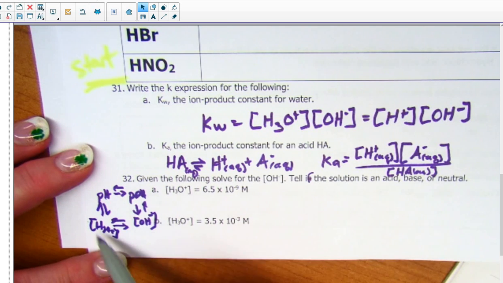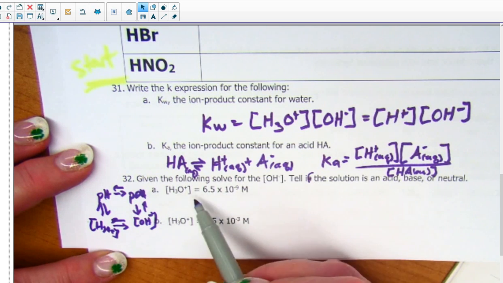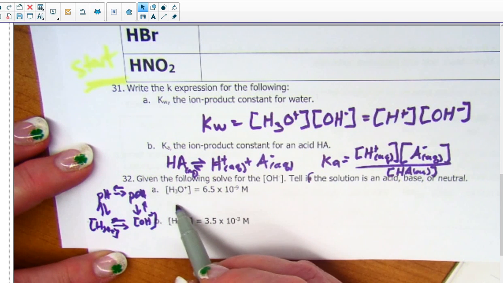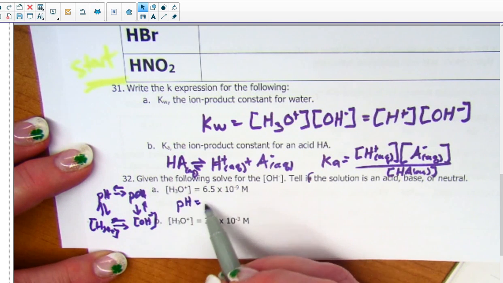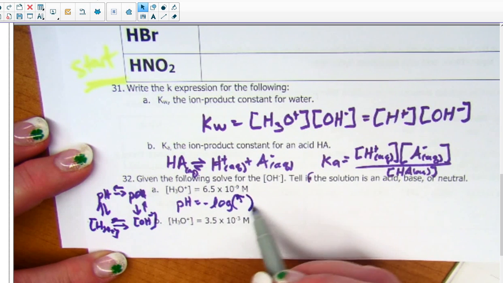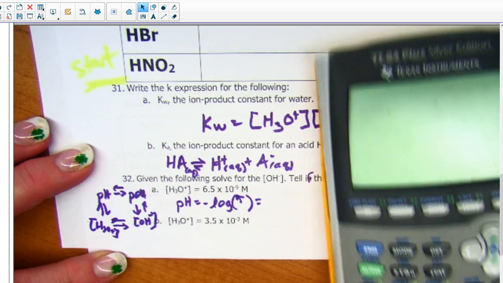So you can go up and over. That is the safest way, but I found most kids make a mistake if they don't. So to do up and over, we would just take pH is equal to minus the log of that, and we plug it in our calculator.